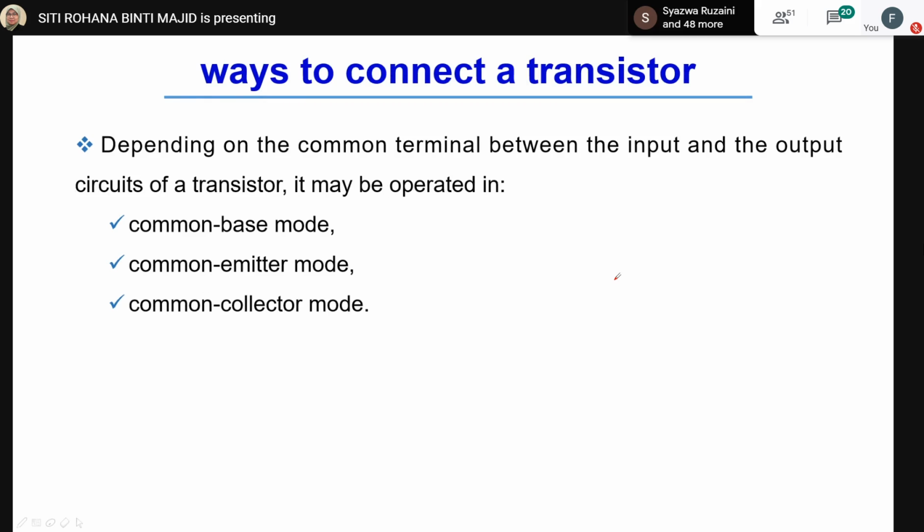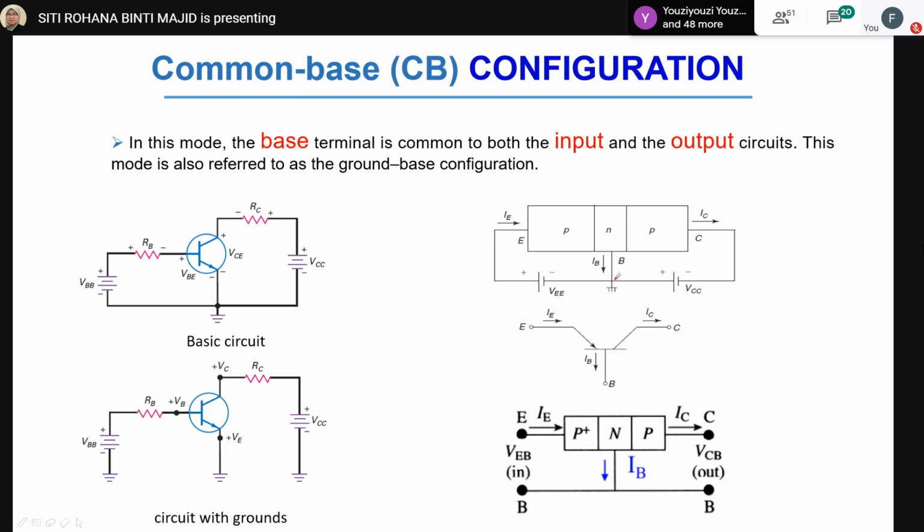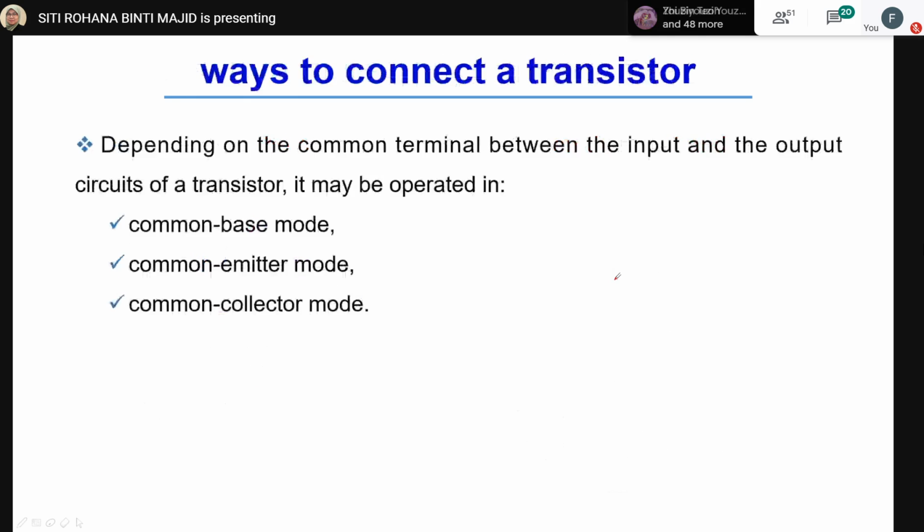And then lastly, we can discuss BJT in three configurations. They are used as amplifiers. So we have the common base configuration, common emitter configuration, and lastly common collector.